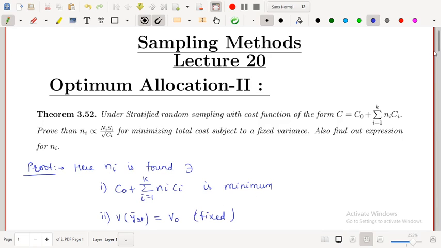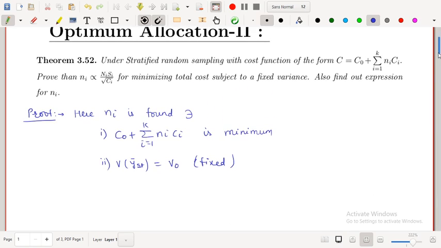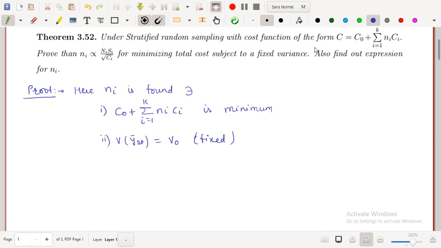Now we solve this problem by Lagrange's multipliers.